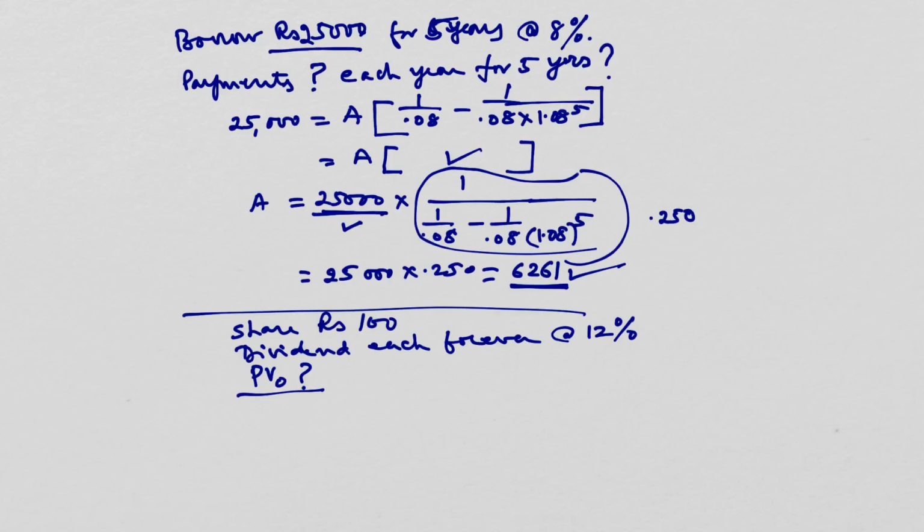The formula is that your cash flow or your annuity, which is 100 in this case, divided by the interest rate, which is 12%. So the value of 100 rupees forever, where you are receiving 12% dividend each year, would be 133.3.